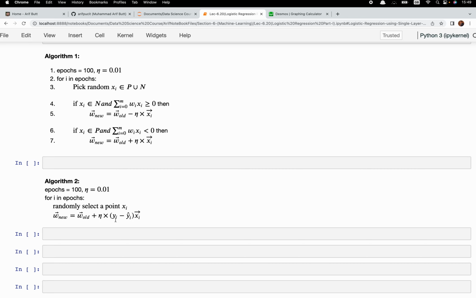If yi is 1 and yi hat is 0, that means a positive point in the negative region. And 1 minus 0 is 1, so addition will be done. On the contrary, if yi is 0 and yi hat is 1, that means a negative point in the positive region and 0 minus 1 equals minus 1. So a subtraction will be done.